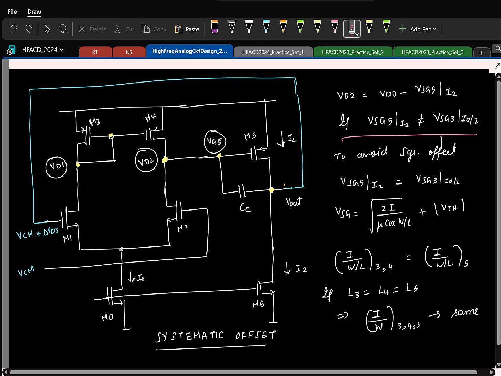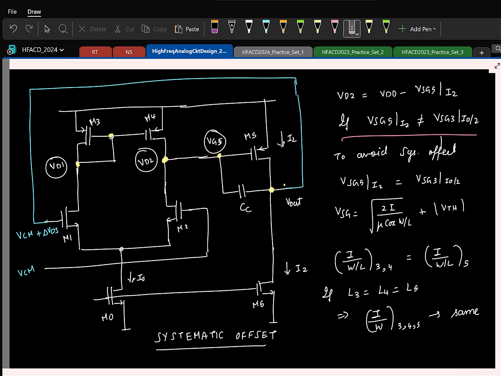What I'm saying is this is the ratio that needs to be the same, but typically if you choose the same lengths, what you have to do is keep the ratio I by W the same. That's all.